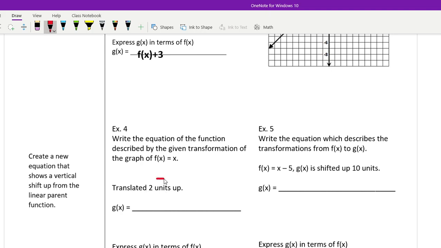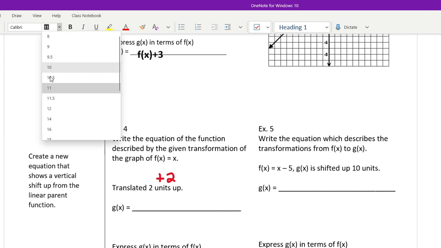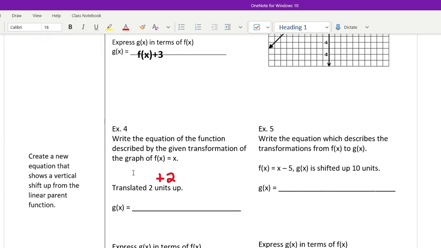So this is showing that up is positive, and it wants to be up 2 units. So now if I write that as the equation, we're saying that g of x is equal to our x value plus 2.